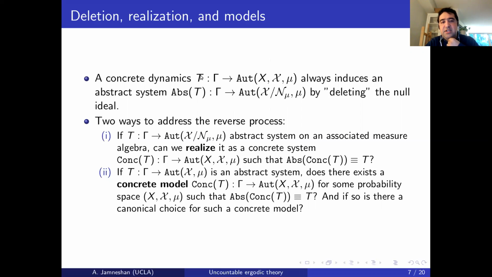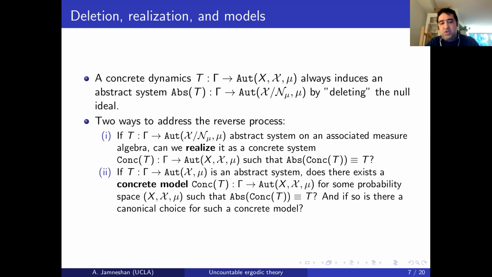And since each T preserves the measure, its pullback defines measure preserving isomorphisms of that measure algebra. So the question is if we can reverse that process. In particular, that is important in order to have access to measure theoretic tools. So is there a way to associate to any abstract dynamical system a concrete one?